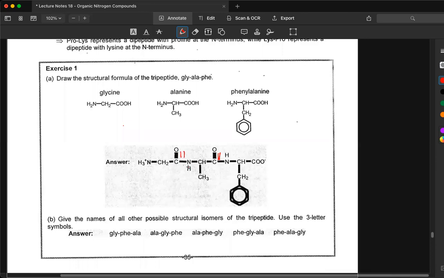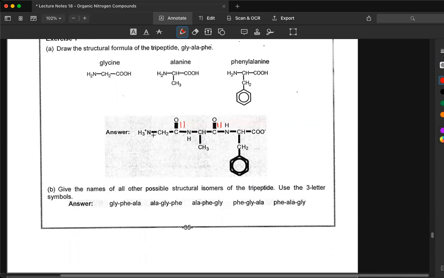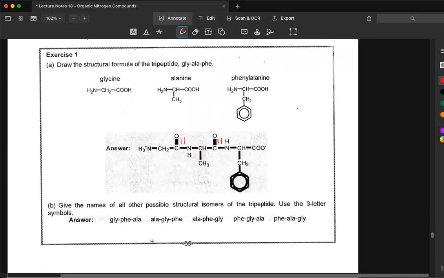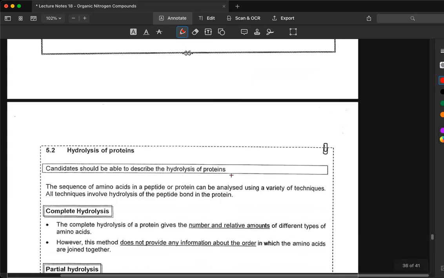Then you form the NH, C, let's double check, double bond. NH, C. Yeah, it should be clear, right? The other end, the N terminal and C terminal, just put this, the ion. All other possible isomers, just play around with the order and get it.